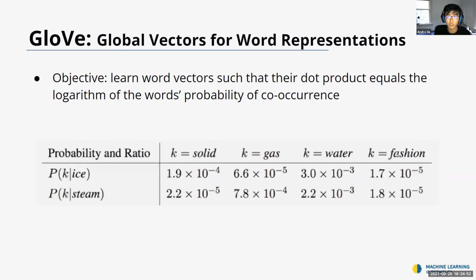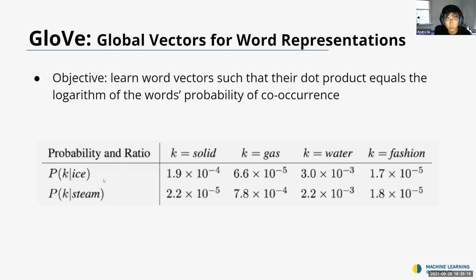Here, this table is supposed to represent the sort of distribution we're trying to model. On the left is the given word, right? You're given the word ice, and you want to predict the probability of several other words being in the same document as ice. So you have solid. This is the probability, right?